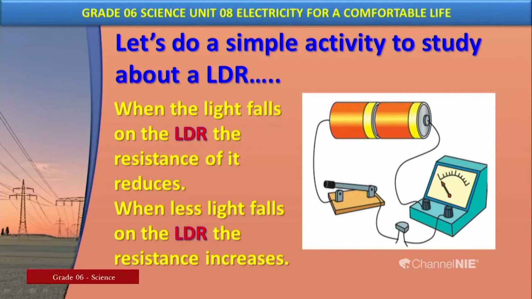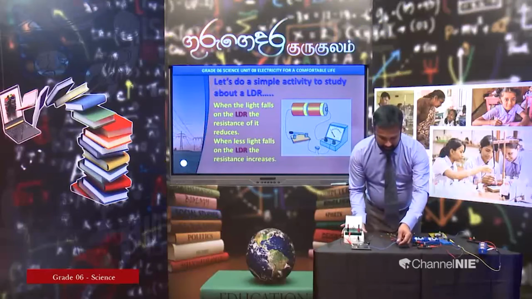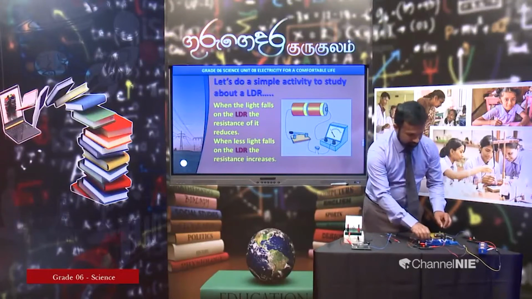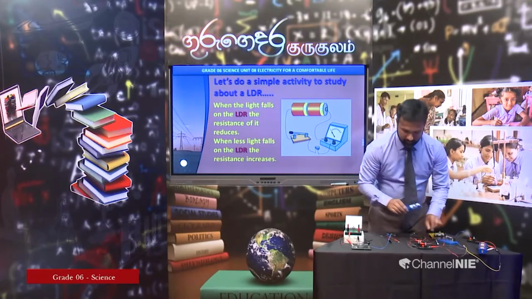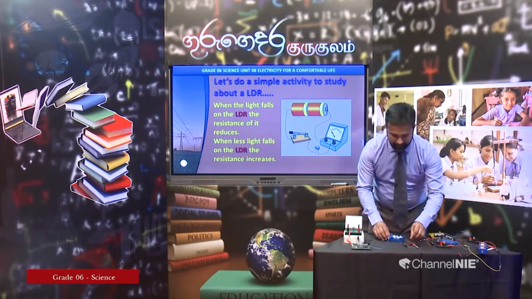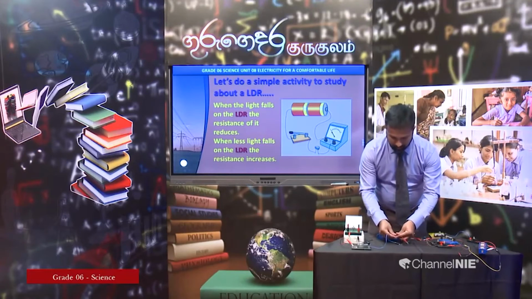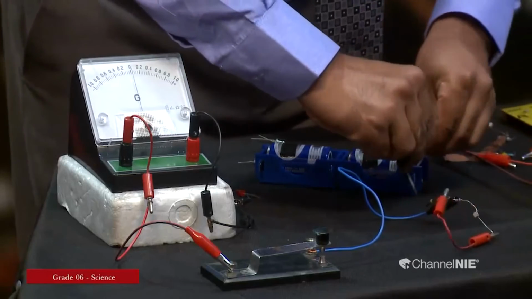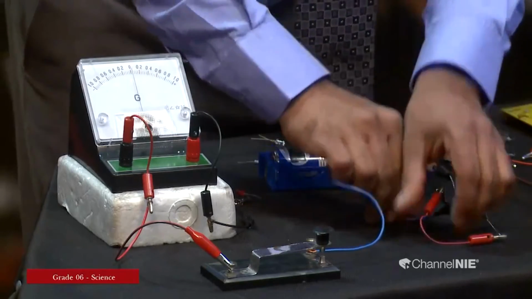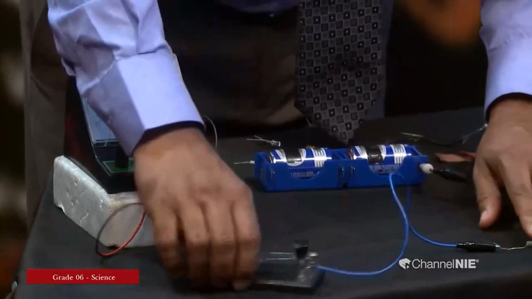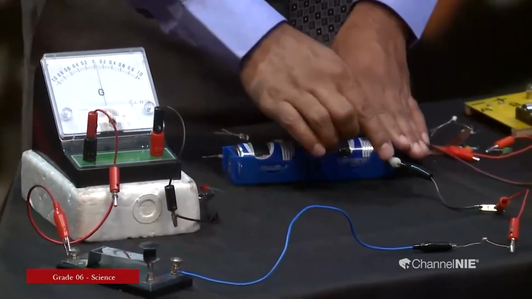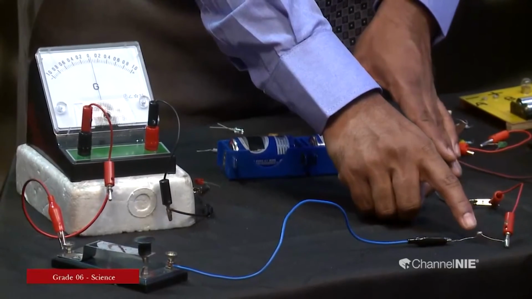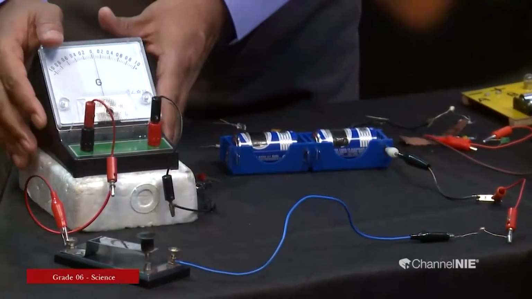A dry cell, a switch, a galvanometer. Right. This is the battery. I used here two dry cells. I connect the connecting wires. This is the connecting wires, LDR, switch, galvanometer.